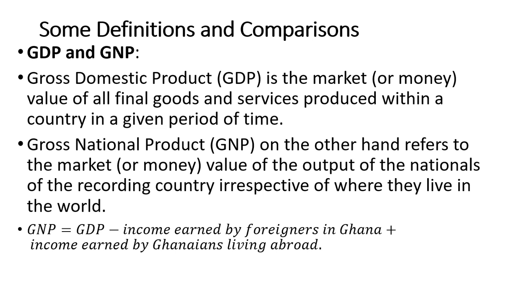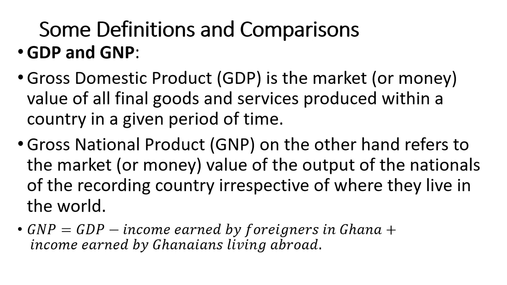And we can always convert from GDP to GNP. To convert GDP to GNP, we take the GDP, which is the output of both nationals and foreigners, and take away the economic contribution of foreigners living in the recording country.